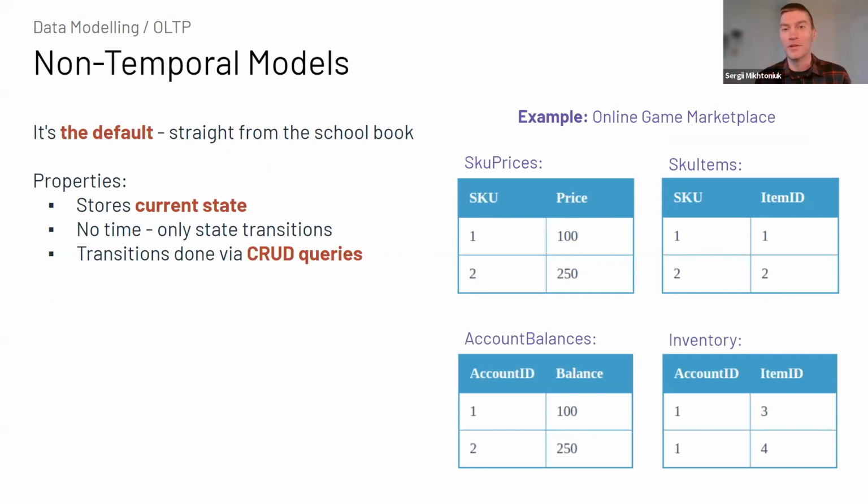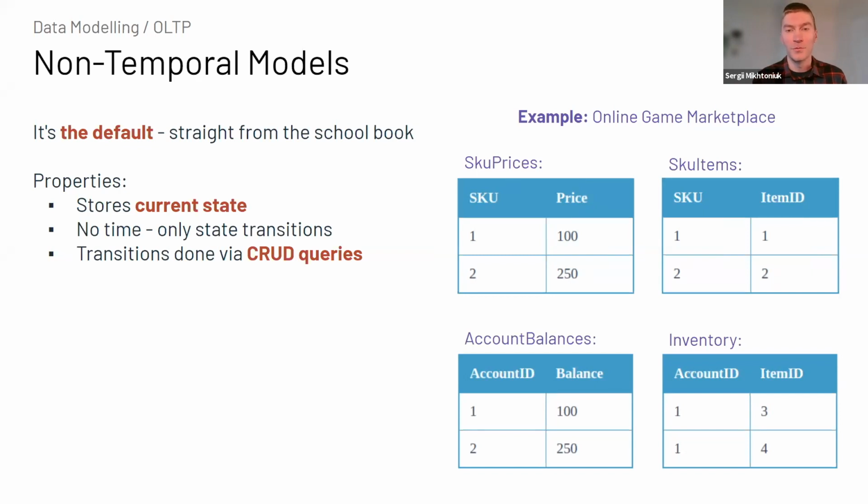So we'll have SKUs with some prices attached to them. Every SKU might have one to several items, and users are going to have accounts, and they will have some currency balances, and they're going to have inventory. What I want to highlight here is that this is the default. No matter which engineer you ask, from junior to senior, a vast majority are going to come up with this exact solution, because this is how we are taught to view data.